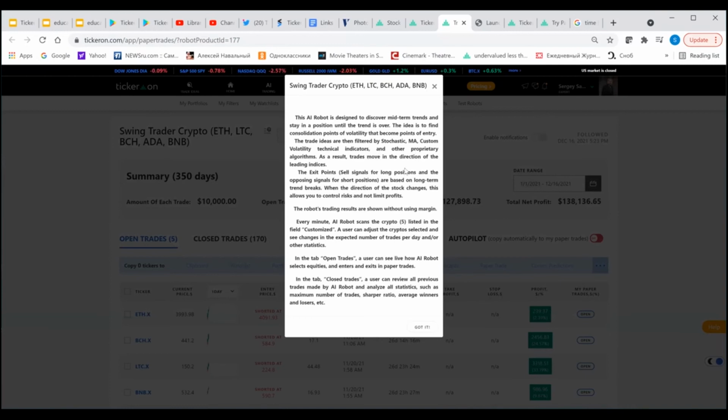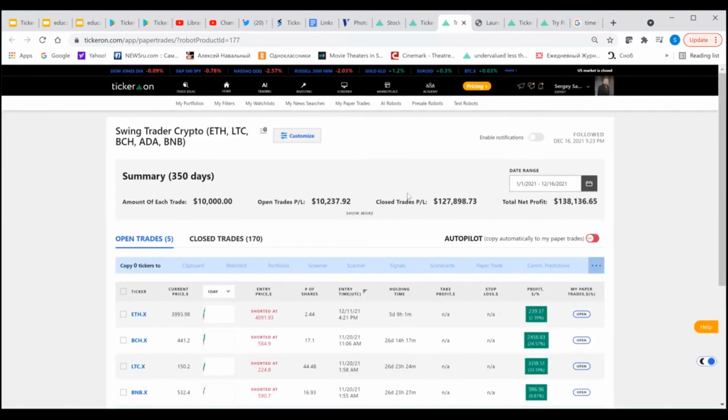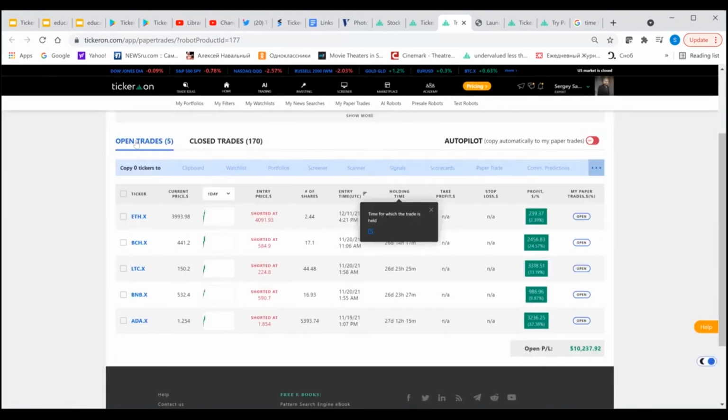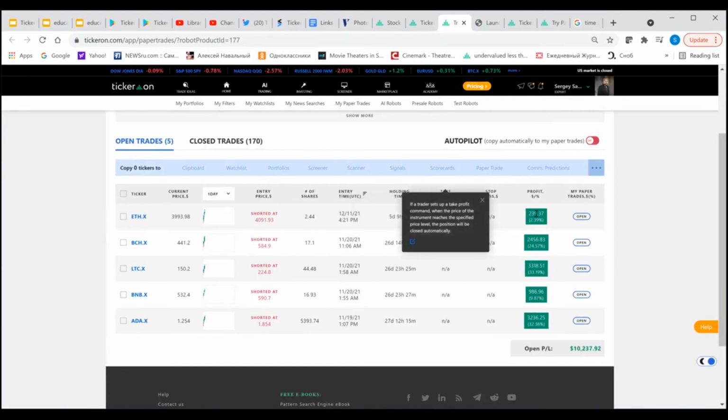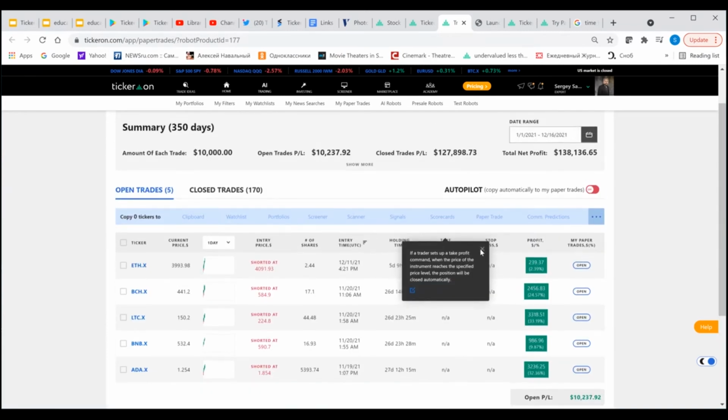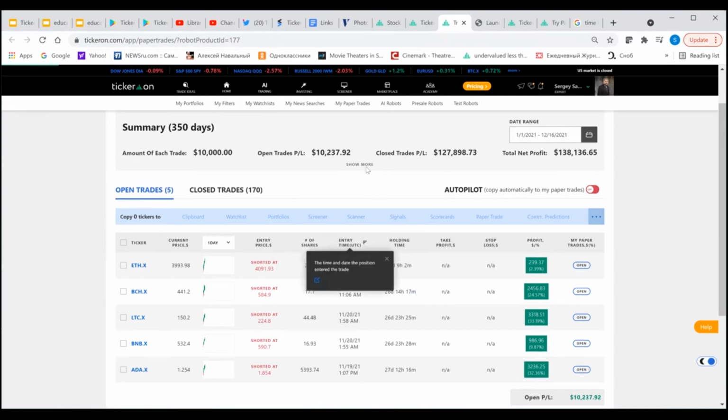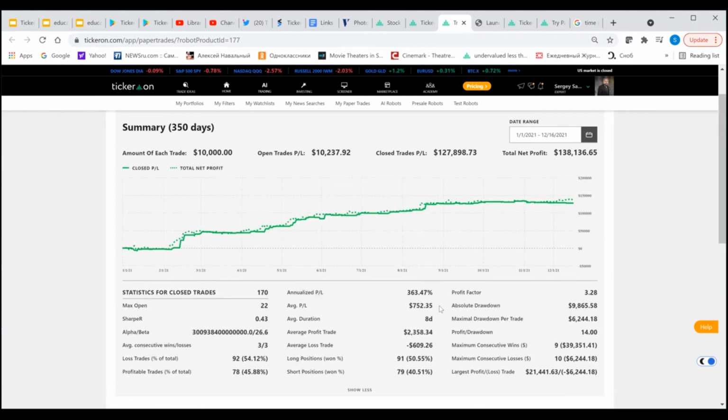And then some technical indicators, analysis, volatility, and some other proprietary algorithms. So let's look at this, okay? In open trades, it has 5 trades. It's actually 5 out of 5 really good trades, but they're not closed yet, okay? And they're all short positions. And then let's look at the statistics. It's a swing trading type of robot, with an annualized return of 300%.